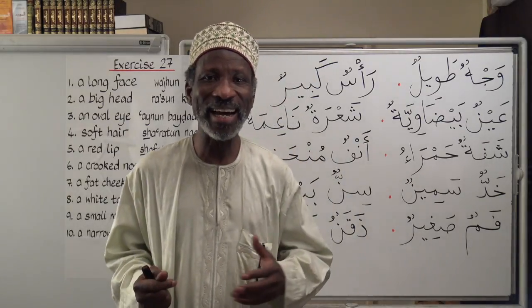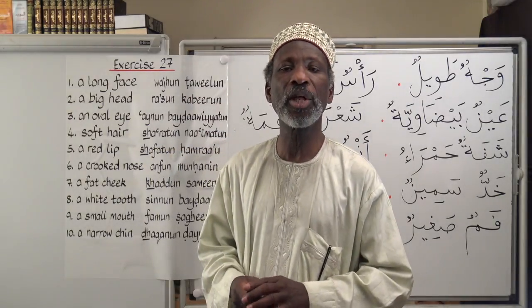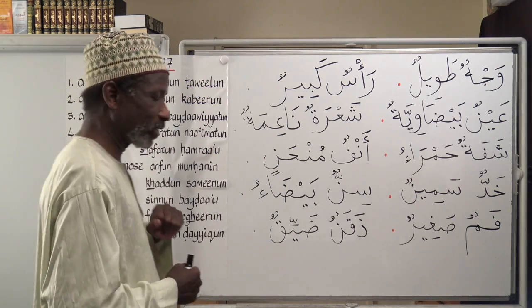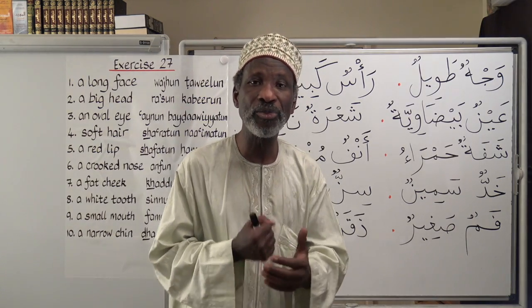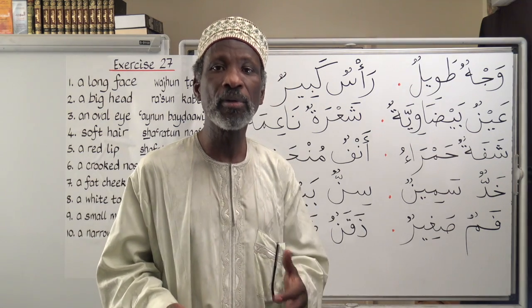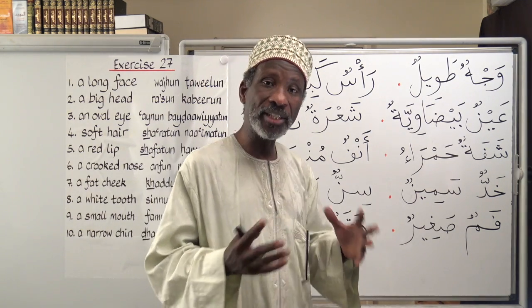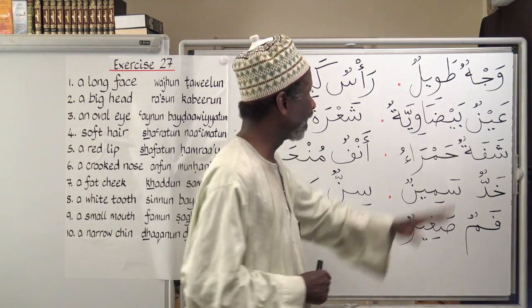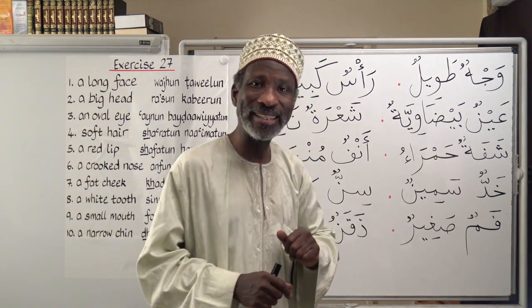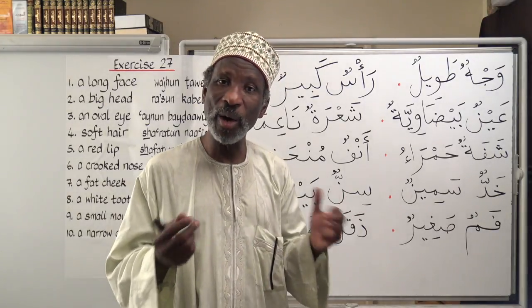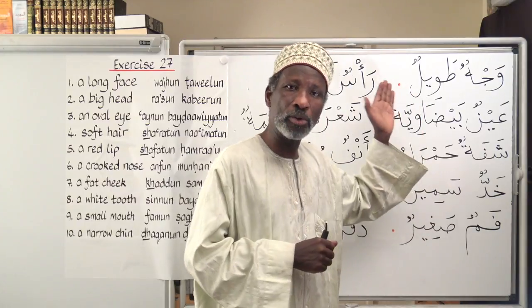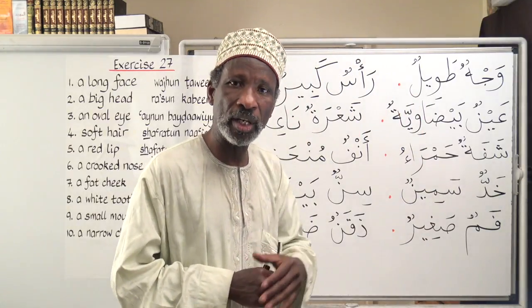Let's do exercise 27 on page 35. Number 1, a long face. It is essential that we know the gender of these parts of the body because the adjectives must match the noun in terms of gender. Wajhun, face, is masculine in Arabic, so our adjective also must be masculine.